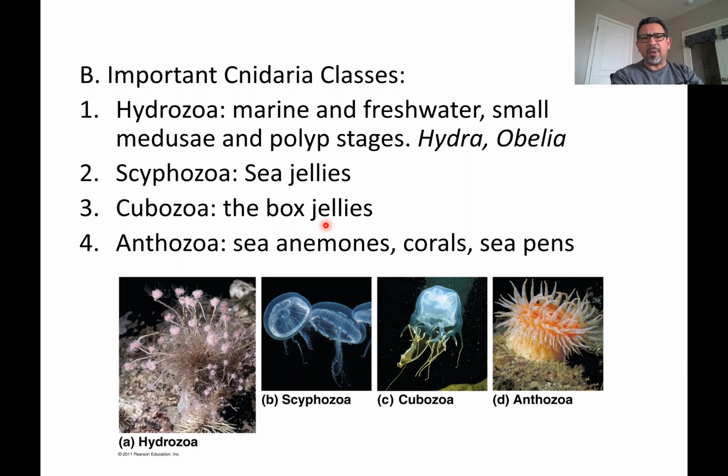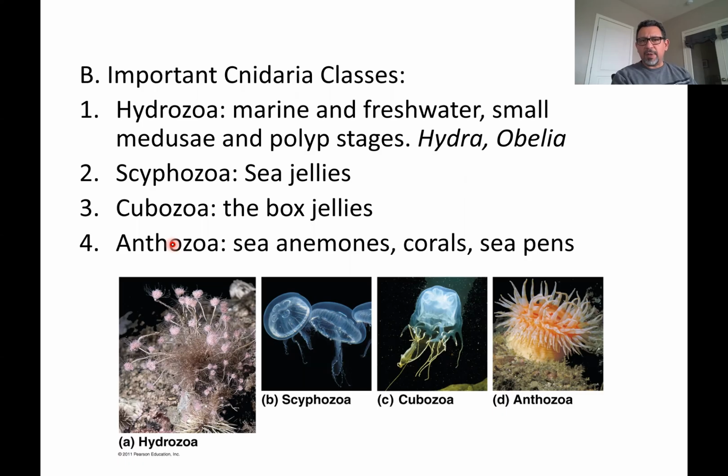And the Cubozoa, which you can see also pictured in this illustration, have a body that is shaped like a cube, and for that reason they get the name box jellies. There's a species that lives in the oceans in Australia, and is one of the most venomous animals known on this planet.